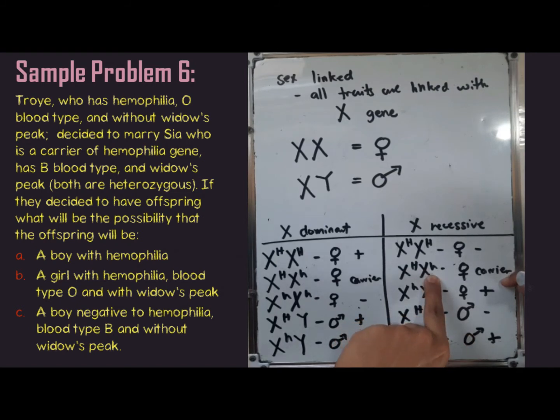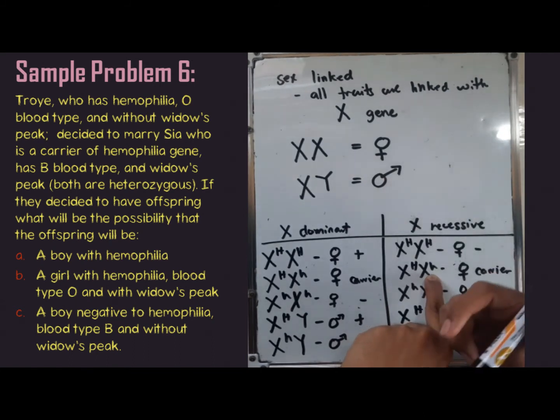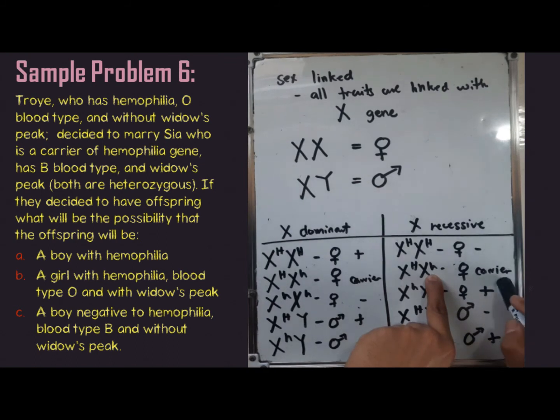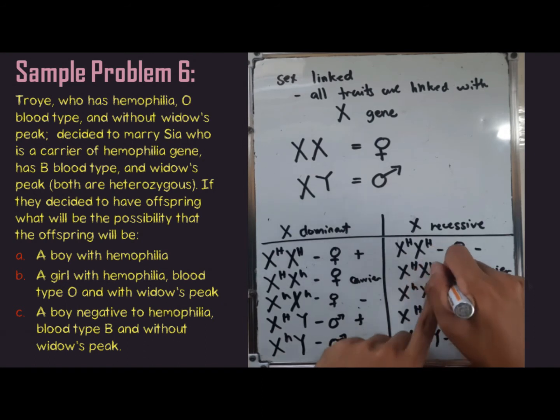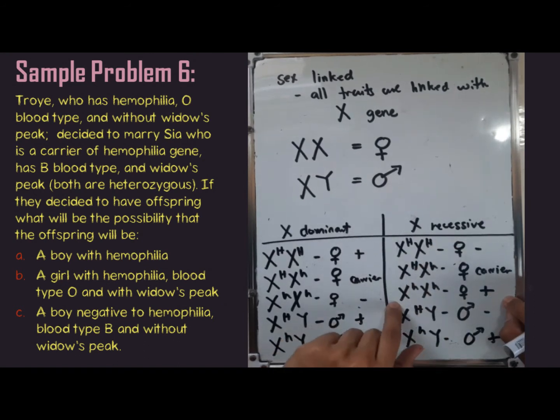Okay, remember that the recessive trait carries the manifestation of hemophilia. So females would be carriers if the recessive X gene is present on one of her 23rd chromosomes. Then, we also have the positive female with hemophilia, who possesses the X-recessive gene in homozygous form.